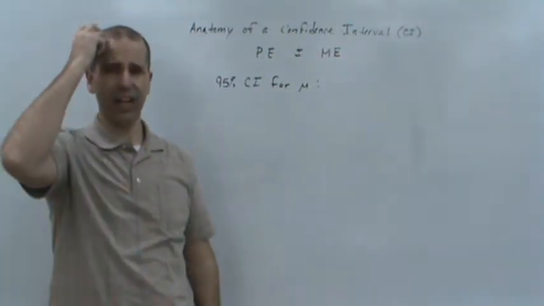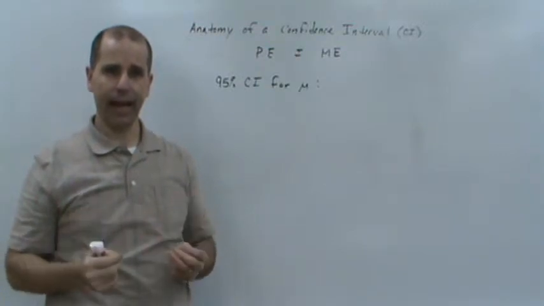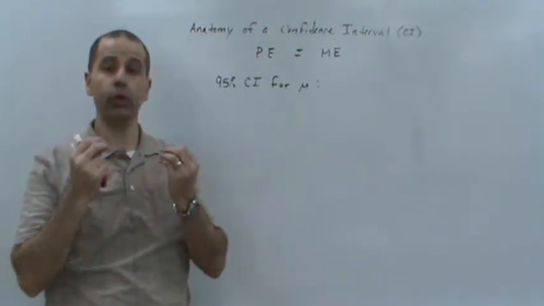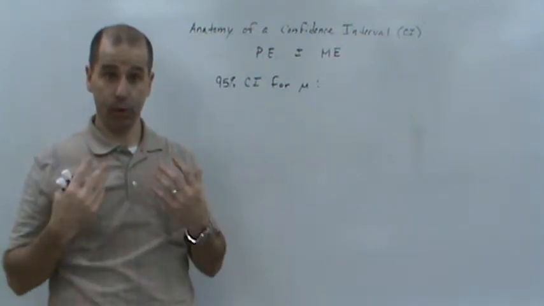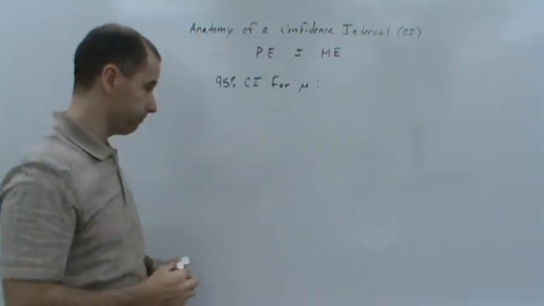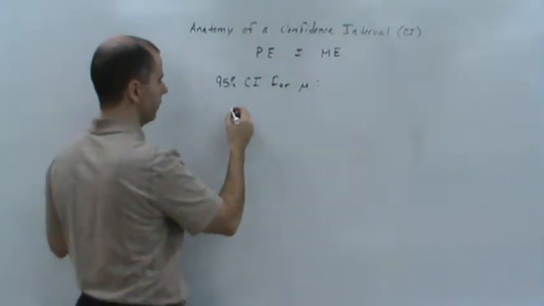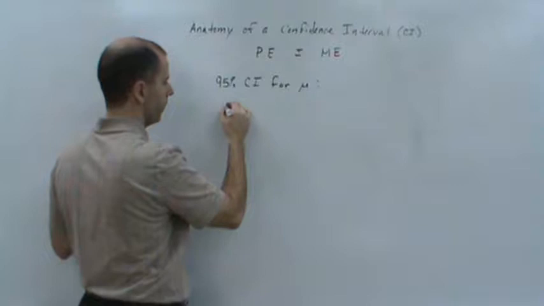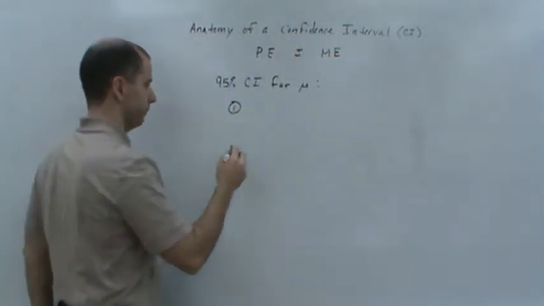So what are the characteristics we want to look for so we'll know that we have a good estimator or point estimate? Well, the three things that we want: one, we want a point estimate that's unbiased.